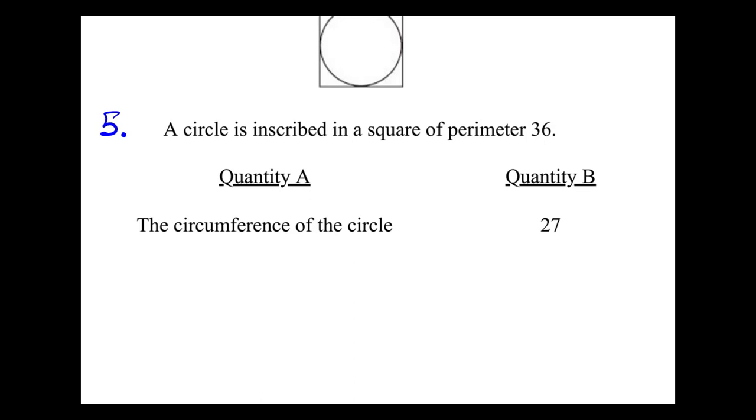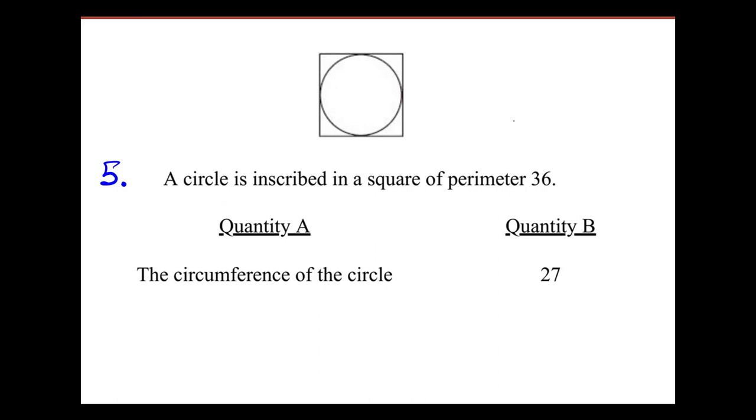Okay, let's solve it. We have a circle inscribed in a square of perimeter 36. Now it asks about the circumference of the circle and 27. Which one is bigger? In this question, the square has 4 sides. If this side is an unknown x, all the edges are the same, so this edge is also x, this is x, this is x.